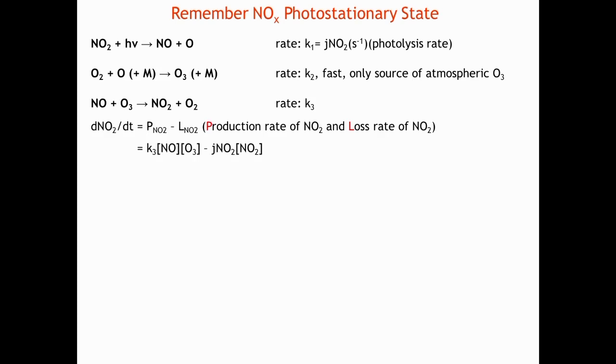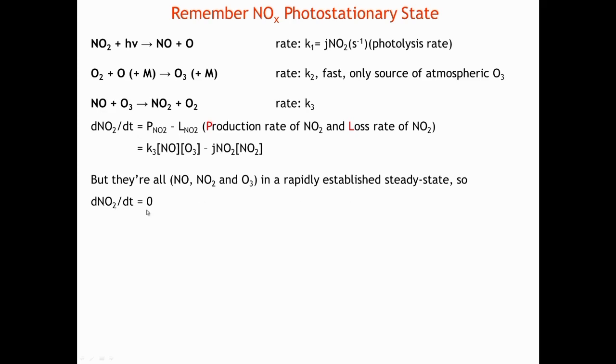We've already shown in this example how you can calculate the loss rate of each of the species: the rate of change is the production rate minus the loss rate. So from these equations you can see that dNO2/dt equals the production rate of NO2 minus the loss rate of NO2 just from photolysis.